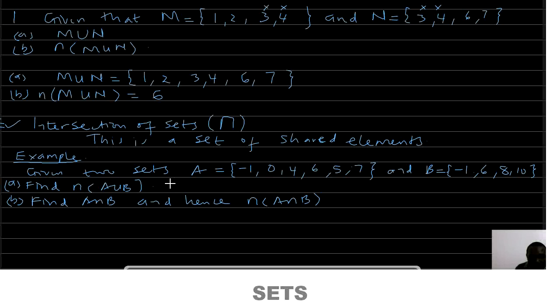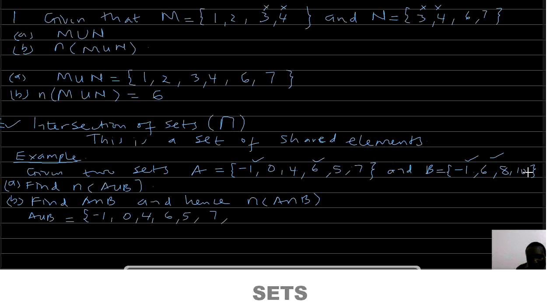Before we find the union A union B, we have to identify the shared elements. -1 appears there and there, and we see 6 appearing in the two sets. So -1 and 6 are the shared elements. What does it mean? It means A union B is now the set {-1, 0, 4, 6, 5, 7}.